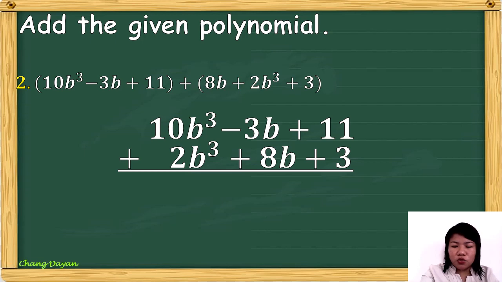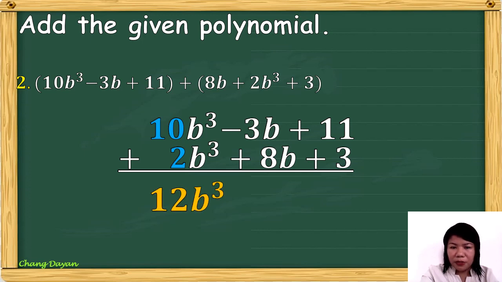10b cubed plus 2b cubed, we have, add ang numerical coefficient. We have here 12. Copy the literal coefficient, b cubed. Next, in our second term, we have the numerical coefficient here are negative 3 and 8. And if we combine this, we'll get positive 5.